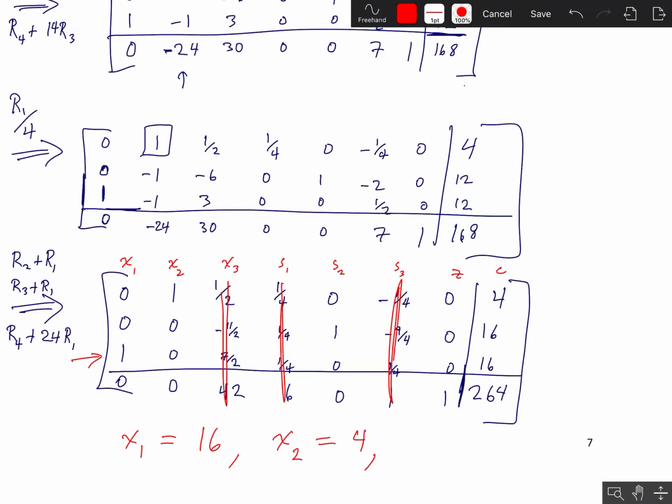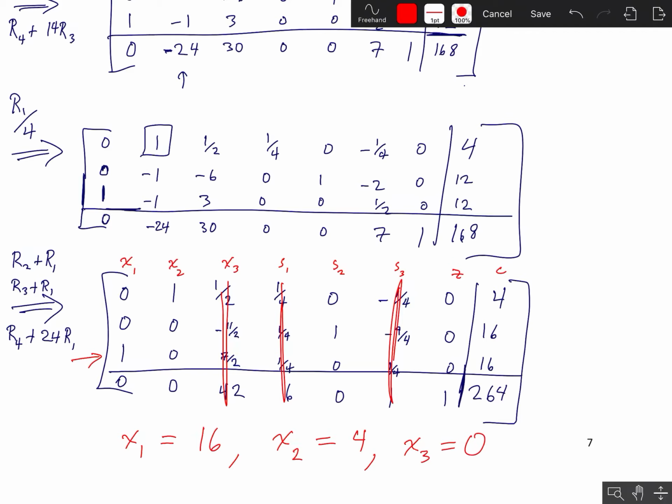So I get an x2 value of 4. For this one, you might also need to scroll back up to the rules for reading off solutions here, but notice that the x3 column is scratched out. So what's the value of x3? So this one should be 0.